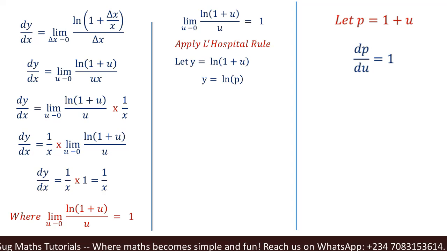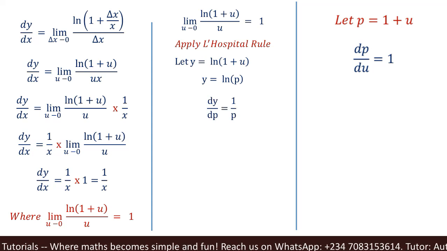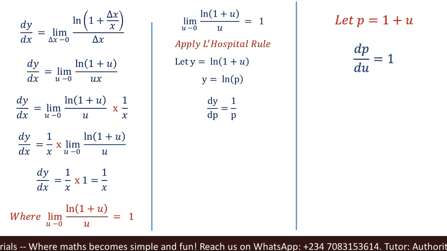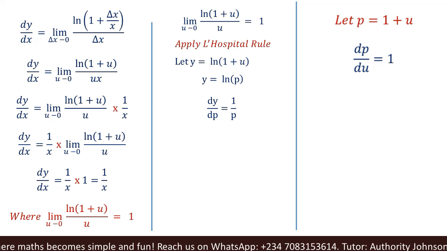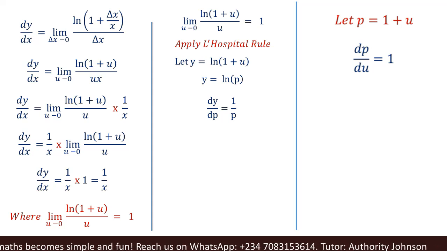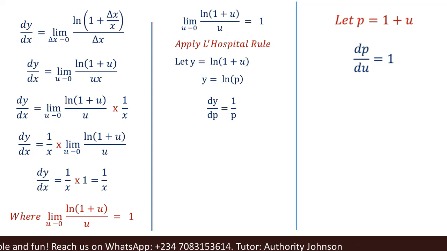Differentiating y with respect to p, we have dy over dp is equal to, whenever we have ln of p, the derivative is supposed to give us 1 all over p. Now we have two derivatives here: dy over dp and dp over du.